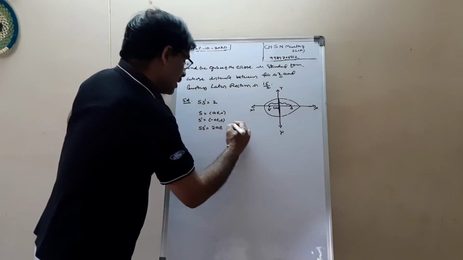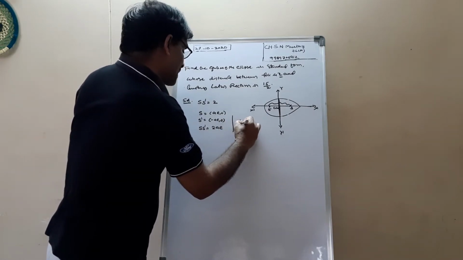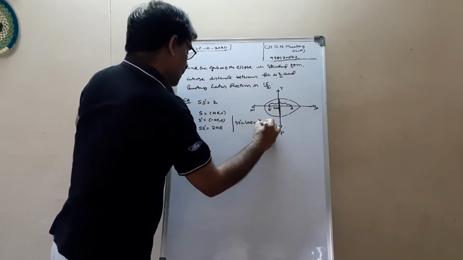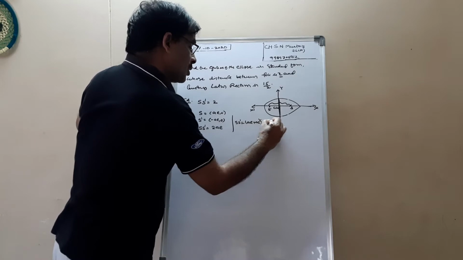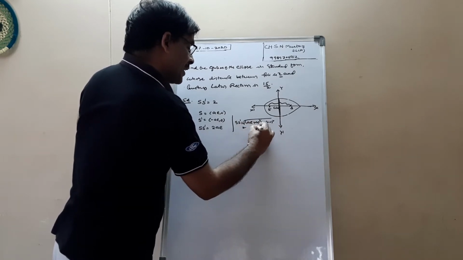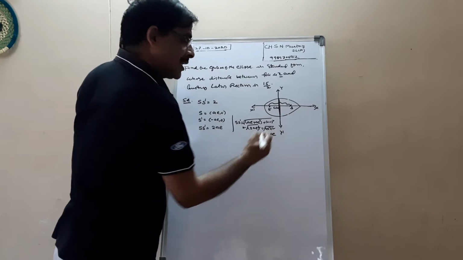I will write here, S S dash equal to the square root of (ae plus ae) whole square plus (0 minus 0) whole square. That is the square root of (2ae) whole square, which is equal to the square root of 4a square e square, which is equal to 2ae.